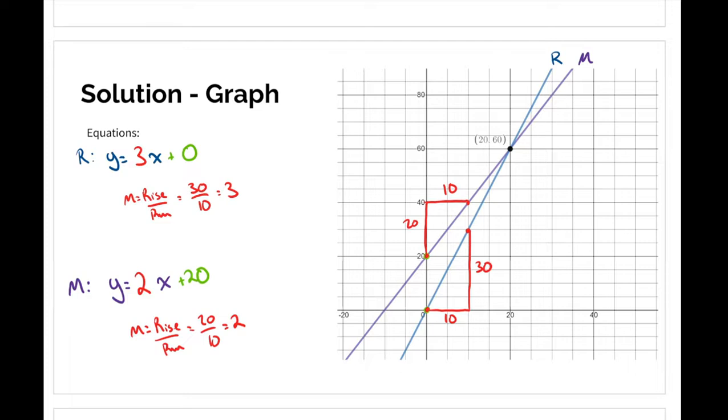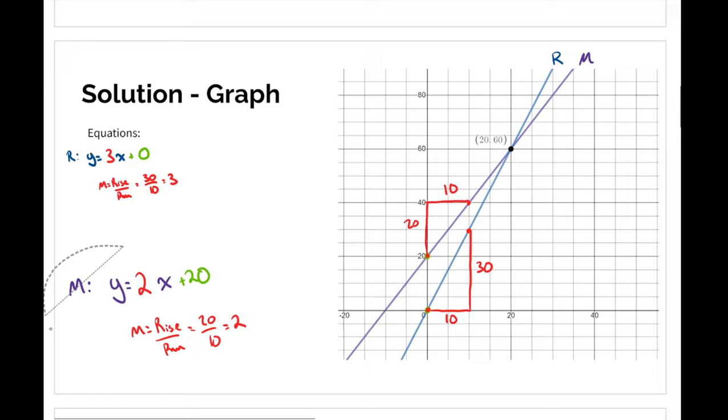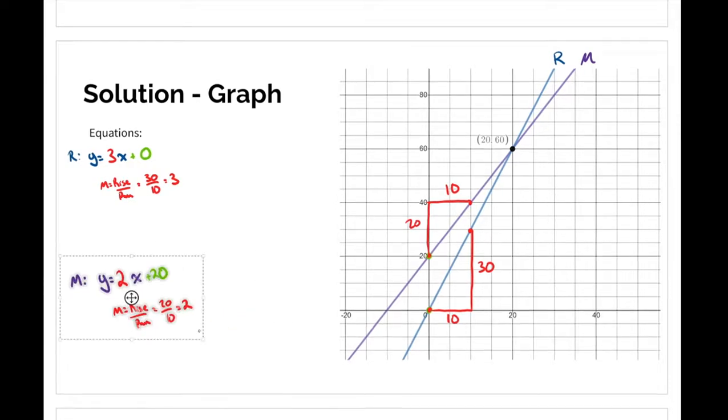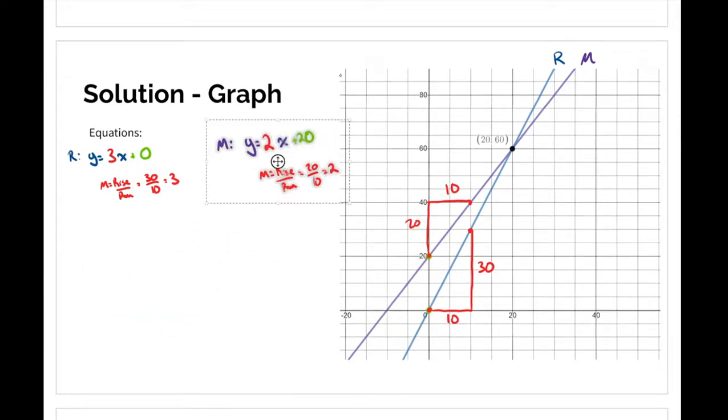So looking at our graph here, we want to answer the question of whether Radical Island is always cheaper. Let me just move these off to the side a little bit, because we don't really need these too much since we've already graphed them. But let's take a look. Our blue line, when is it cheaper?